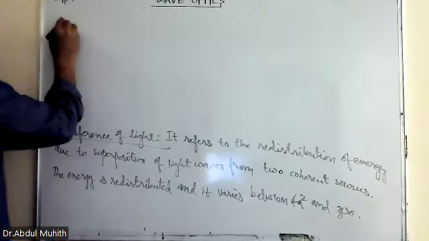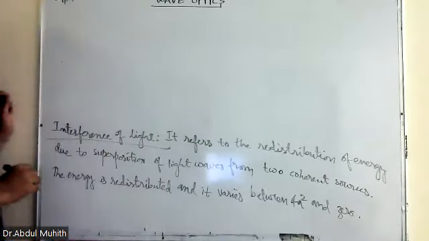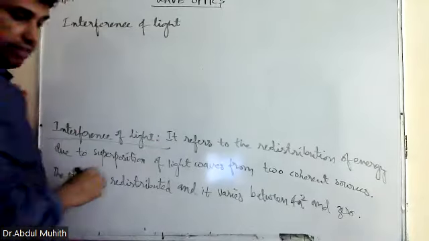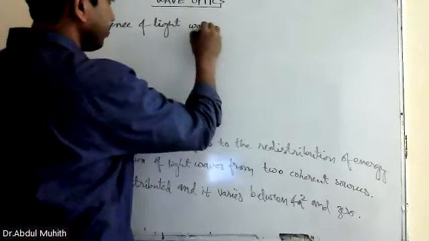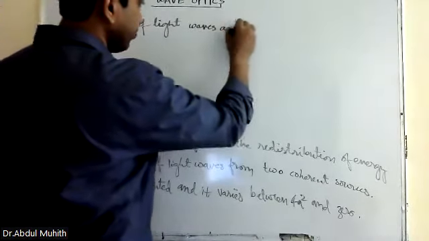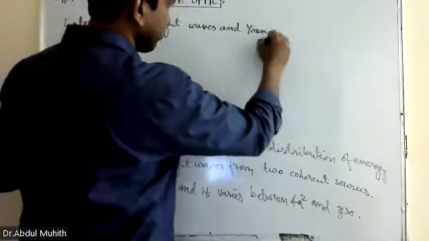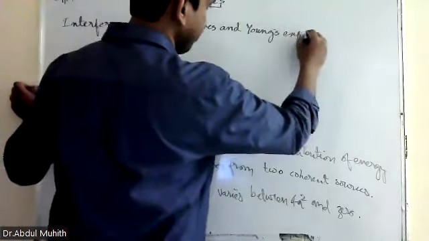Thomas Young, in 1801, performed the experiment on interference of light waves, Young's experiment.